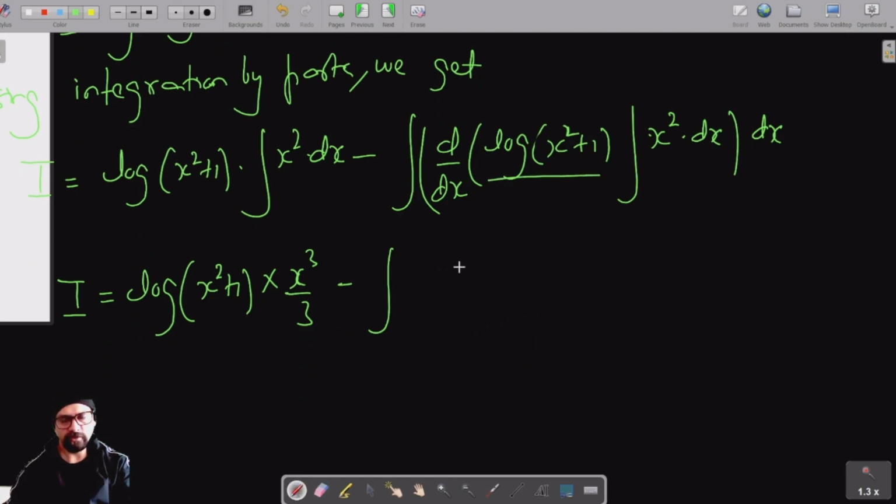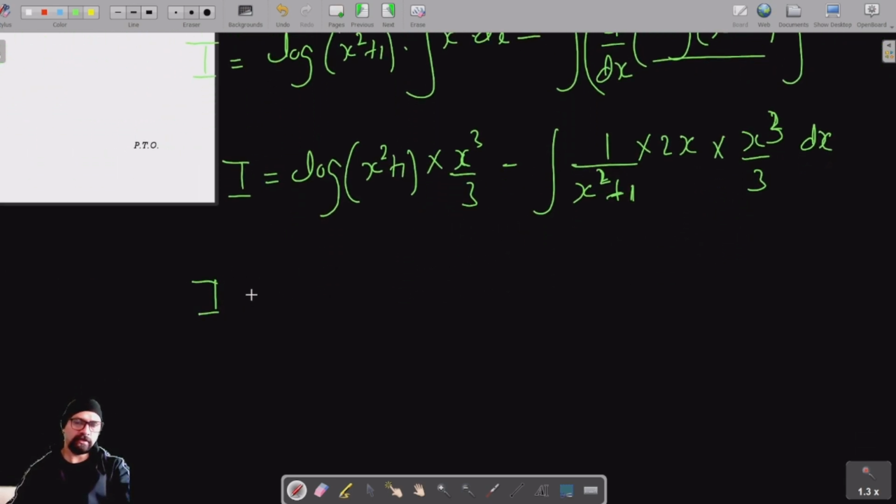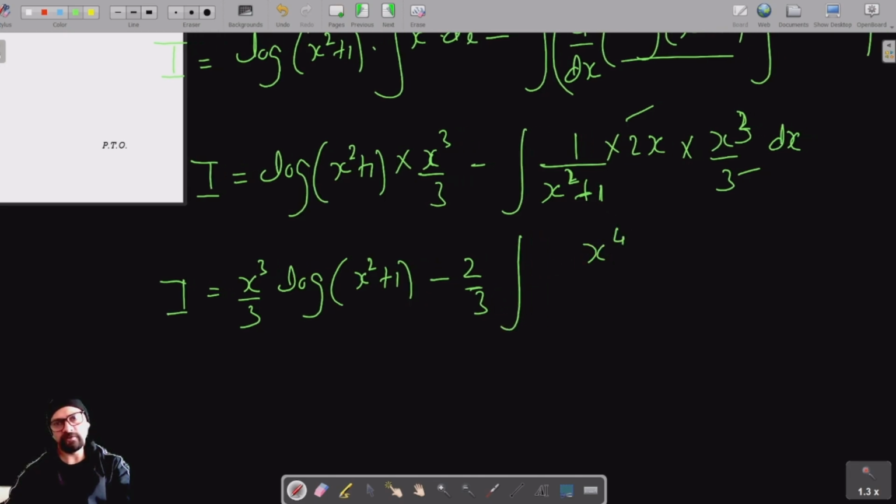Differentiation of log of x squared plus 1 is 1 upon x squared plus 1, into x cubed by 3 into dx. So I is equal to x cubed by 3 into log of x squared plus 1, 2 and 3 are constant so this is out, minus 2 by 3, and we are left with integration of x raised power 4 upon x squared plus 1 into dx.